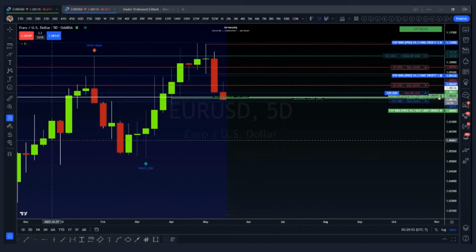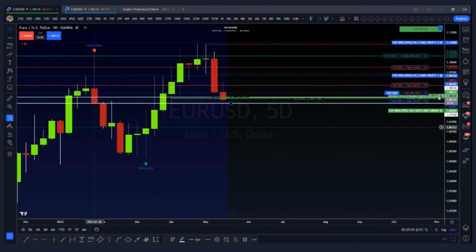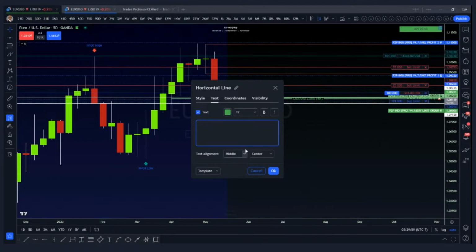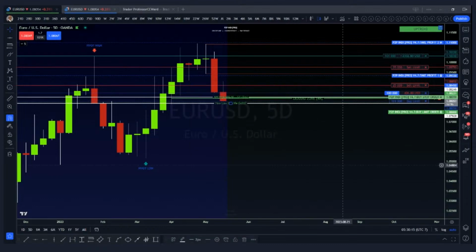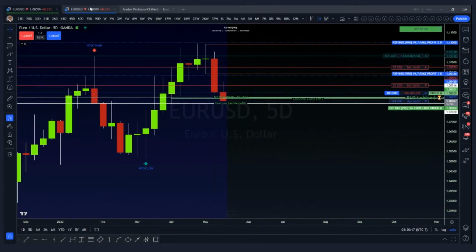All right, let me put this line here indicating how low I'm willing to go. All right, it's shorting like we said.